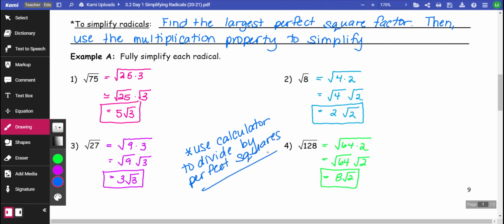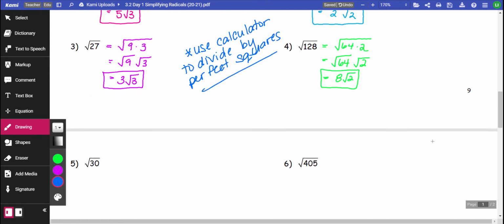Right now, you're not going to look at the square root of 128 and know off the top of your head 64 divides into that. But if you keep practicing, use your calculator, you'll start to remember the perfect squares that go into each number.